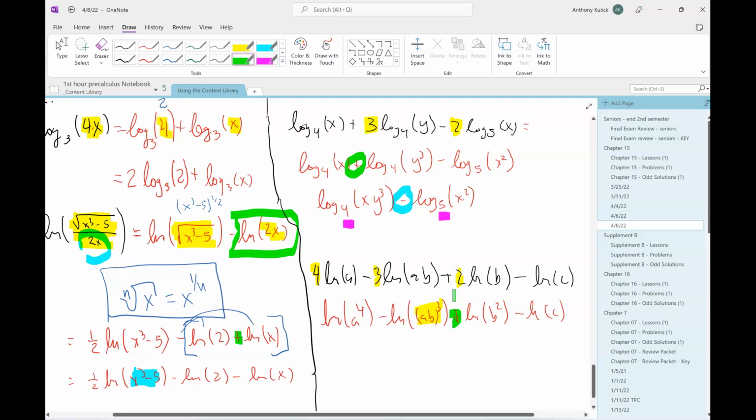And I know they're the same base because everything is LNs, which are the same base, right? So there is one product property going on, but it's not going on between the natural log of AB cubed and the natural log of B squared.